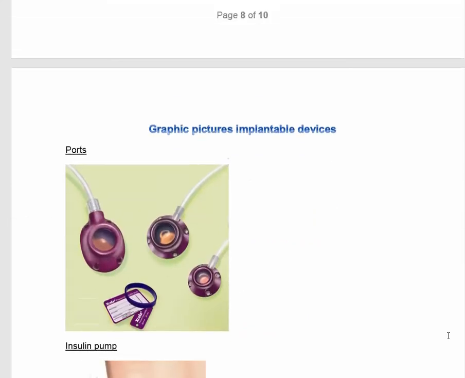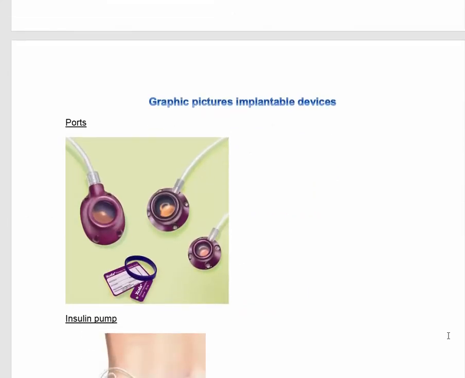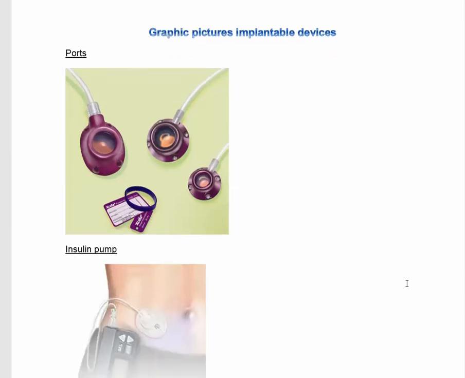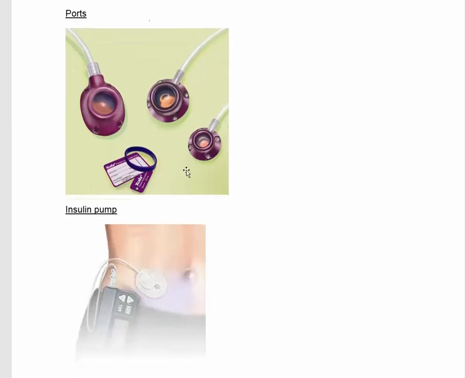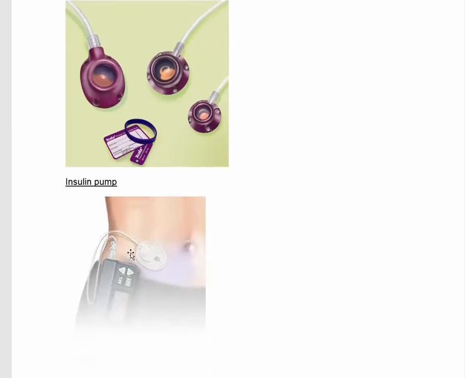I also wanted to give you some pictures of the devices we were talking about earlier so that you understand the difference. Sometimes there's confusion between what's a port and what's a pump. These are ports. They typically have a very small area that can hold something such as medication. This is an insulin pump.